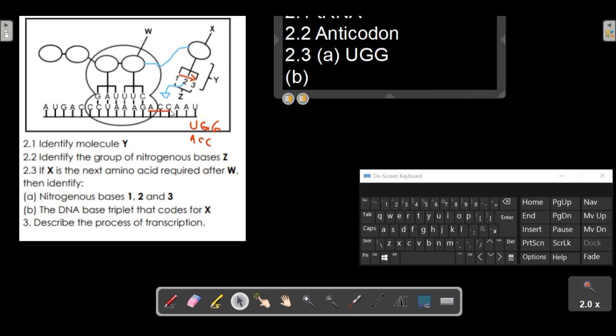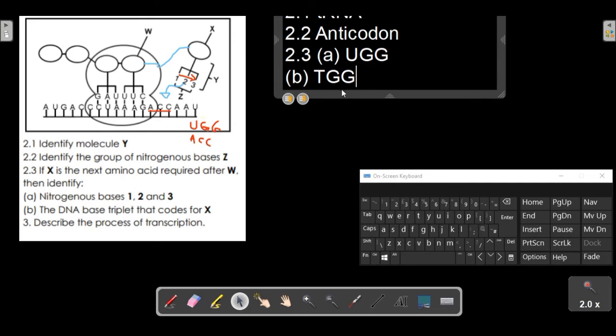But I think what they are trying to ask is, what is the complementary triplet for this mRNA right here? Because it's ACC, then we'll go with TGG. Okay, ACC-TGG. That's how this part of this mRNA was made.